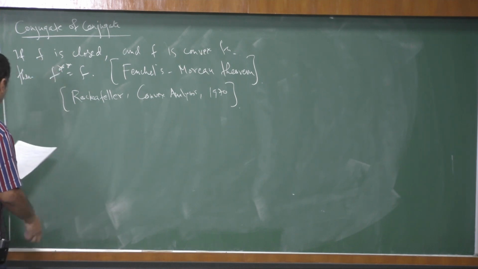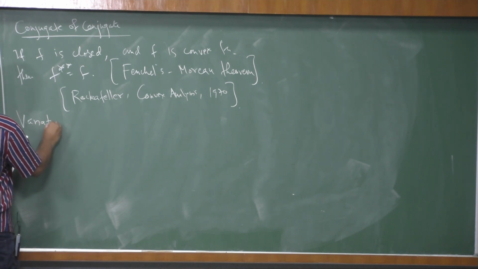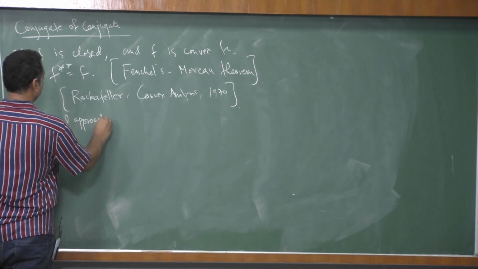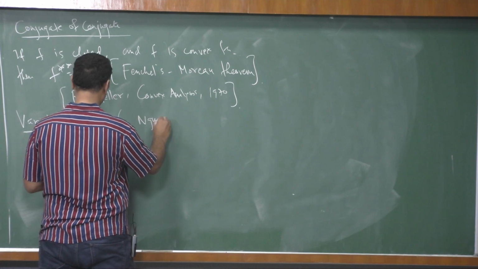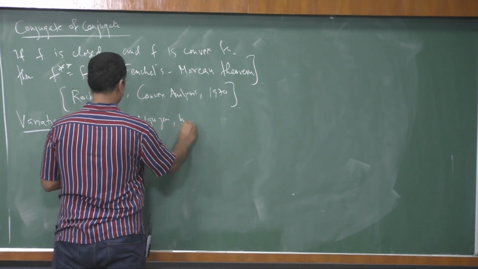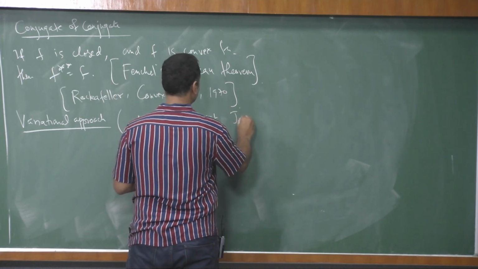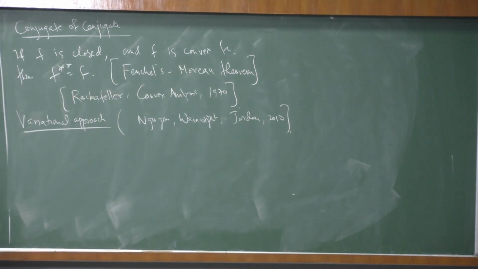This follows from the paper by Nguyen and Jordan, Michael Jordan, not the one who plays basketball, right? He's another famous Michael Jordan, in machine learning.